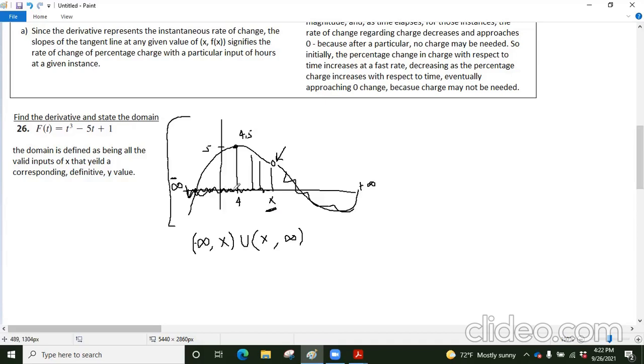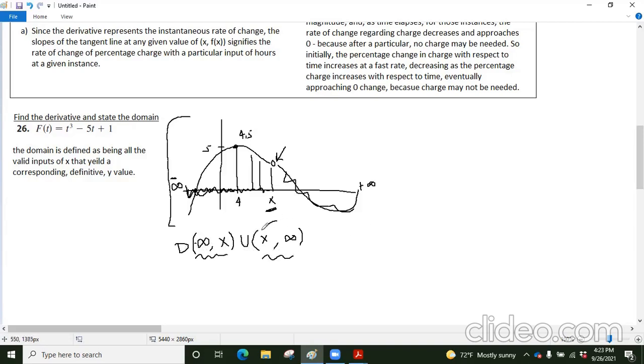On the right and the left of X, I can input X values and get a definitive Y value. But at X, I have a problem because I can't put an input of X there and get a definitive Y value back. So I say that the domain is from negative infinity to X, and then from X to infinity.